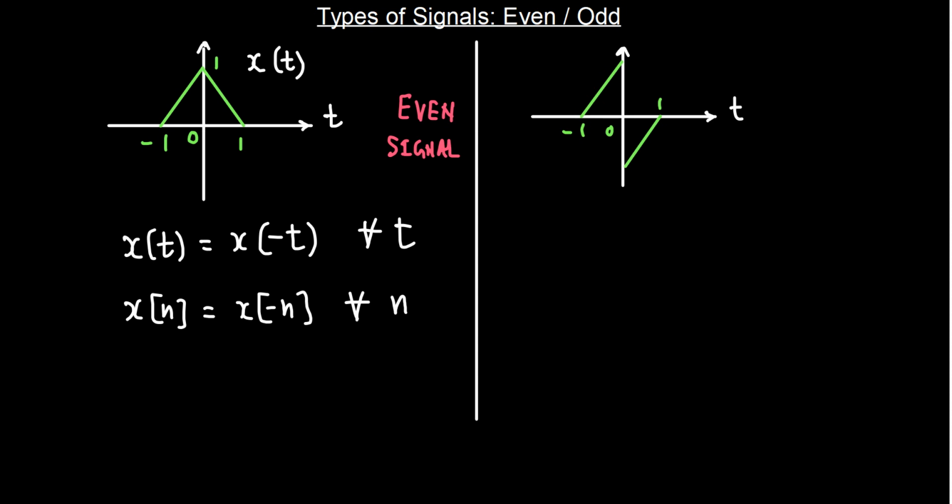This can be represented mathematically as x of t equals to minus of x of minus t. You can see here that the signal that is there on one side appears on the other side but in negation. And if this is true for all the values of t, such signals are called as odd signals.